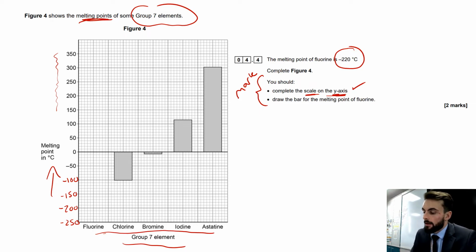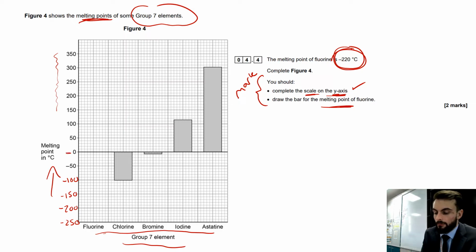And it says draw the bar for the melting point of fluorine, which is minus 220. Going back to what we talked about with graphs before, always think about what the little jumps are worth first. I would look at small numbers to make it easy. From 0 to get to 50, there are 5 little jumps. That means each little jump is worth 10, right?